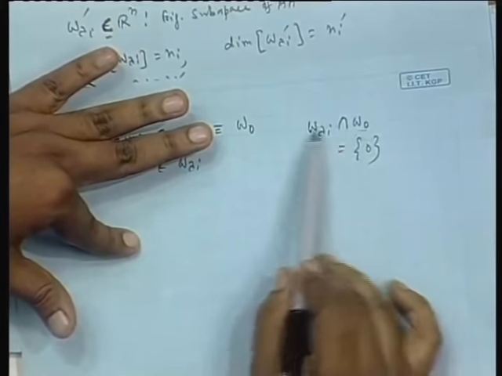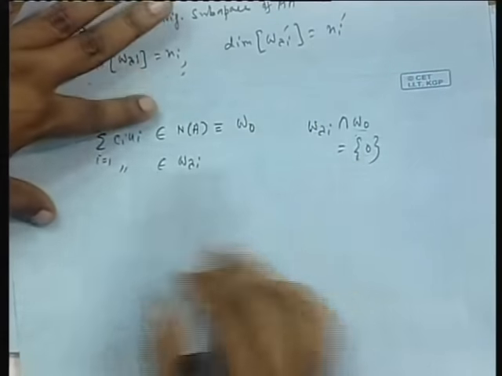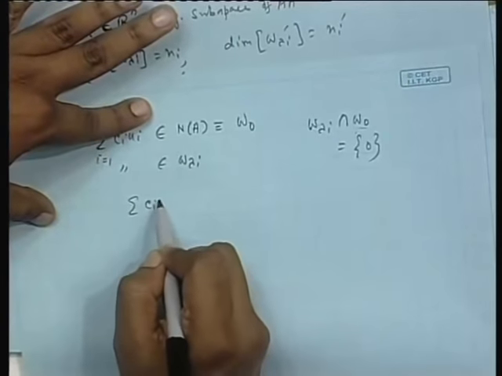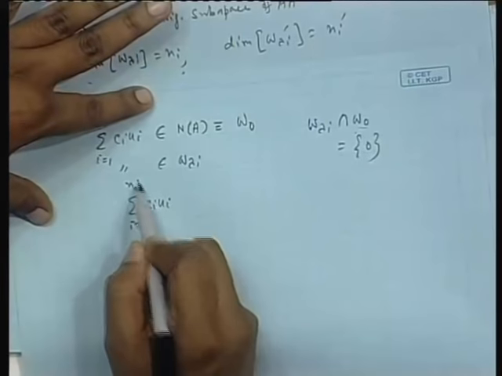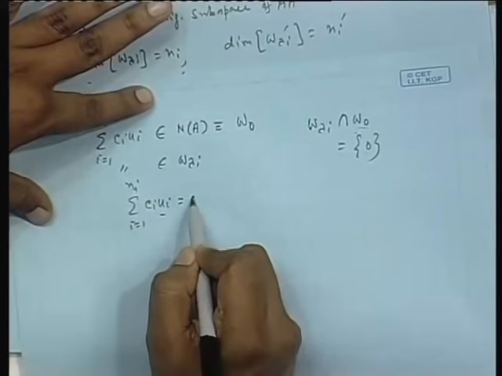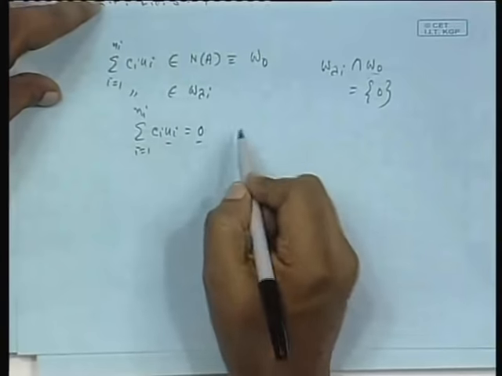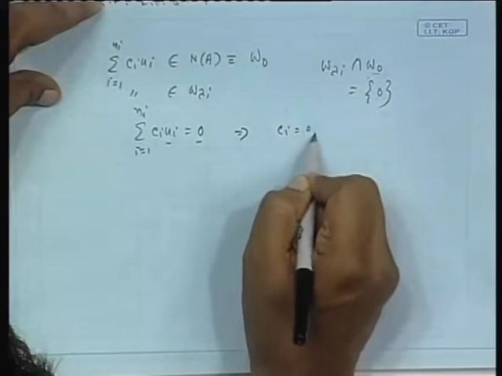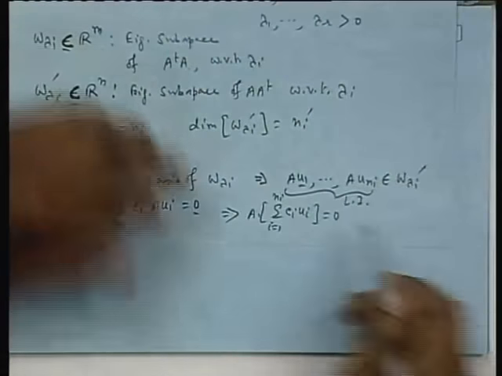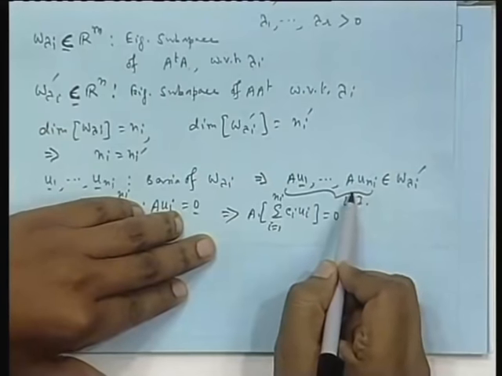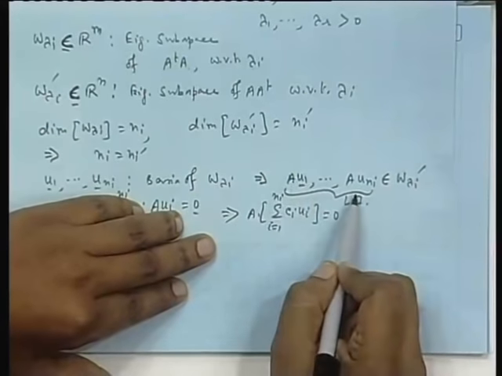So the only place where these two subspaces intersect is 0. That means the sum of C I u I is 0, but u1 to u n I are a basis, so they are linearly independent. So that means C I equal to 0, I equal to 1 dot dot dot n I. This only means that these elements are linearly independent.